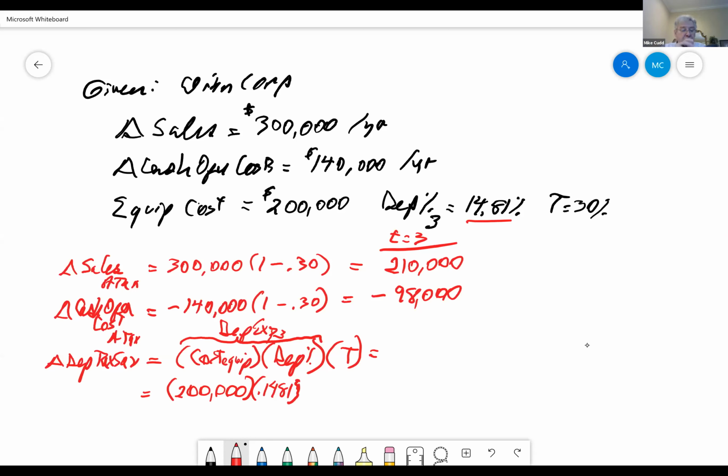So our depreciation expense would actually be 29,620. It would lower our taxable income by 29,620. To see what that would save us in taxes, we multiply by the tax rate.